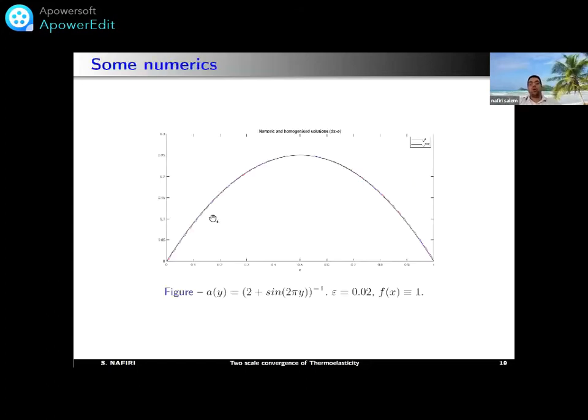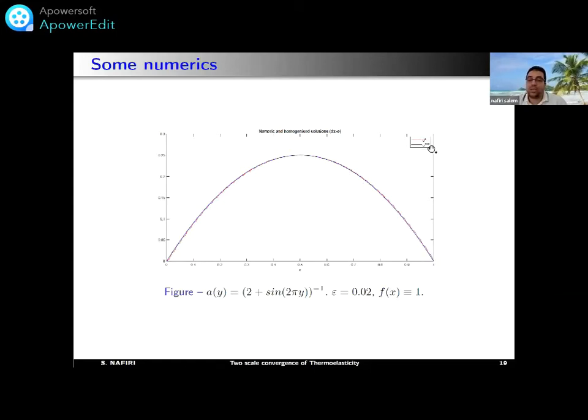If you draw both solutions, you observe that the limit solution is just the curve in blue, and the solution u epsilon is the oscillating solution.